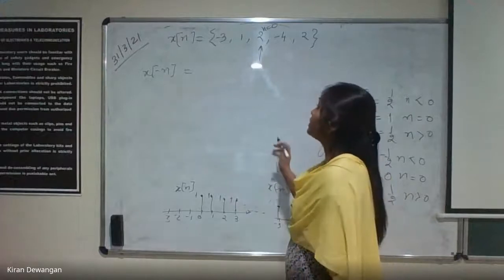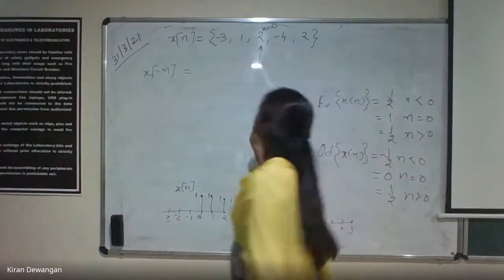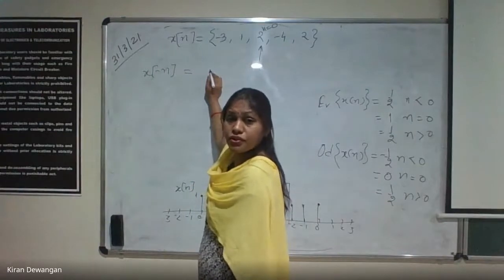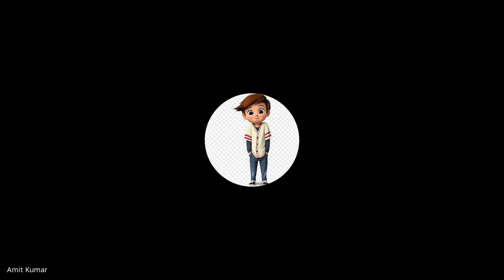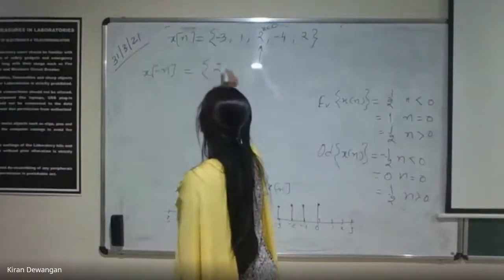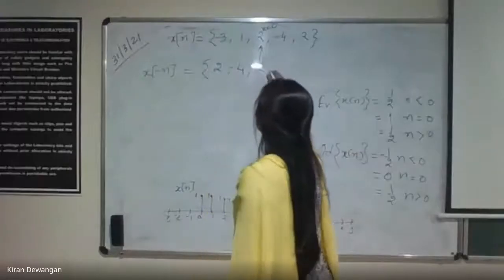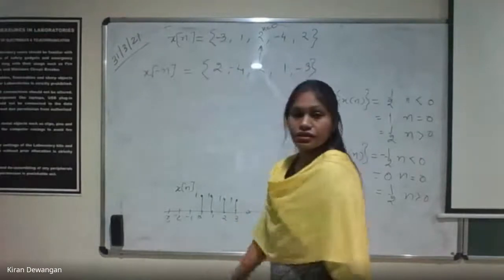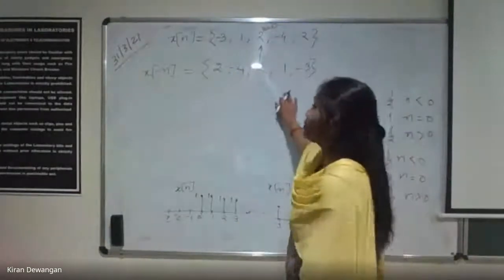Yes, what will be its x of -n? इतना सिंपल सा क्वेश्चन पूछ रही हूँ मैं. It will start from 2, then -4, 2, 1, -3. Correct? So this is going to be our x of -n.